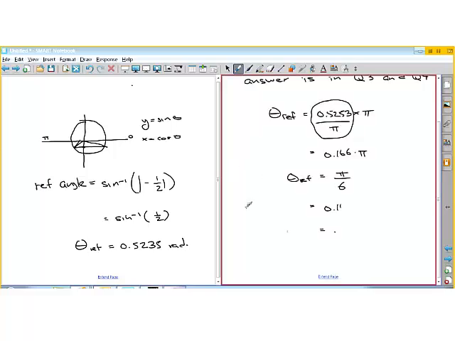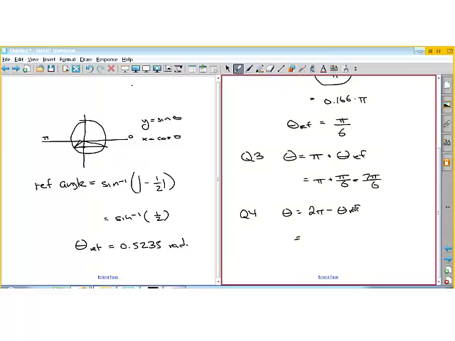Now, in the third quadrant, the angle is just pi plus the reference angle. So you take pi plus pi over 6, that's 7 pi over 6. And in the fourth quadrant, theta is equal to 2 pi minus the reference angle.